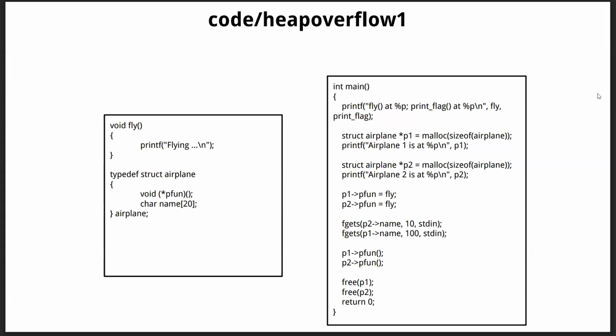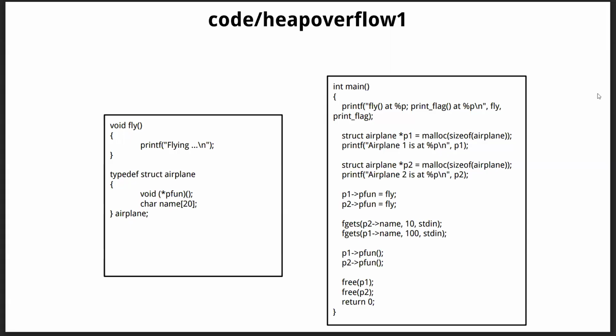We first overflow this name field of the second airplane. So there's no overflow here, right? Then we get the plane name for the first plane, 100 bytes. So that's where we're going to overflow something.